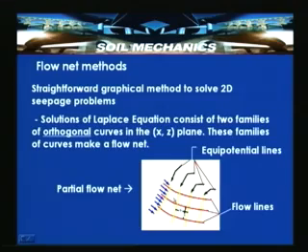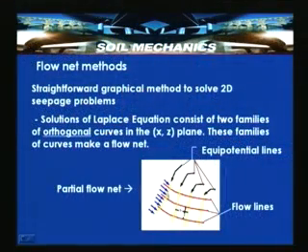Here we discussed that a flow net is nothing but a family of two lines. One is called a flow line, and the other is called an equipotential line. We have shown a partial flow net here, which has different equipotential lines shown in yellow color, and the red ones show the flow taking place through this.